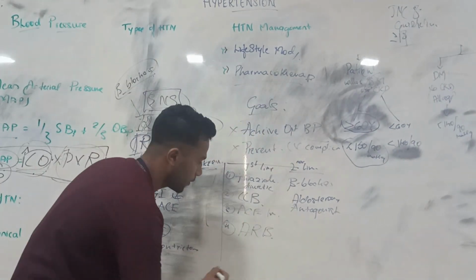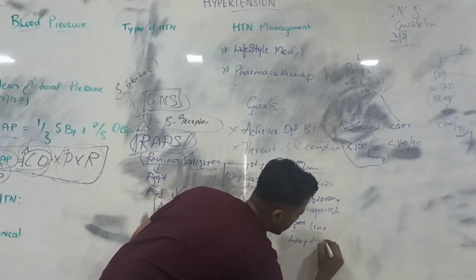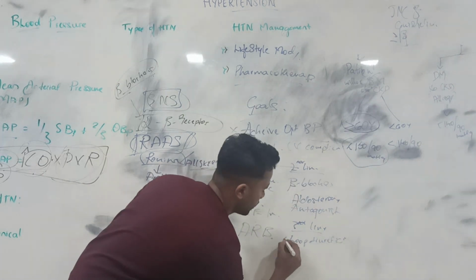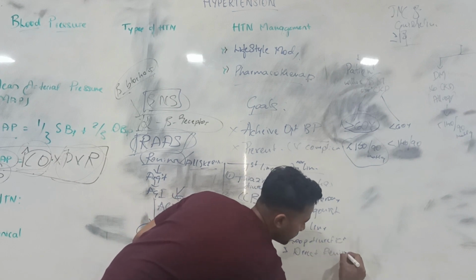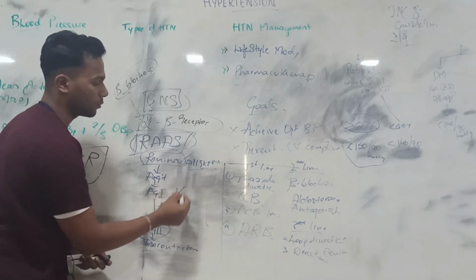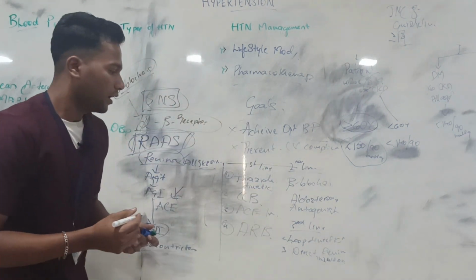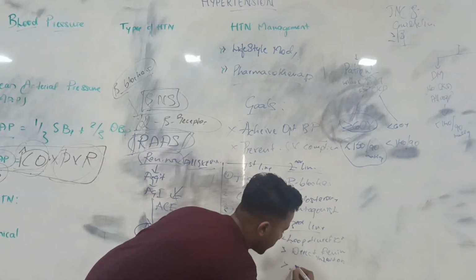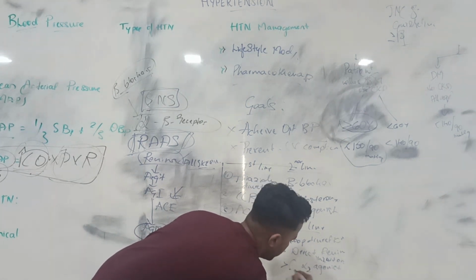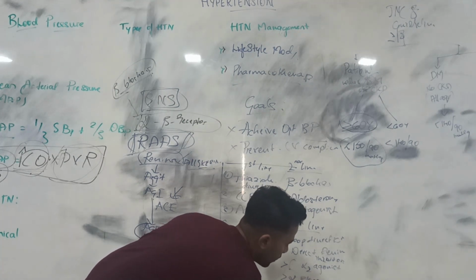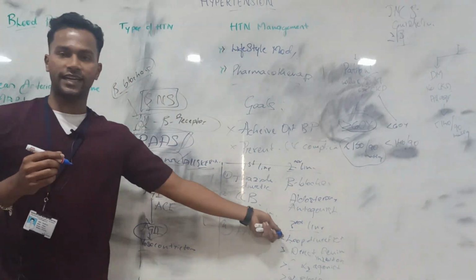The third line is loop diuretics, direct renin inhibitors, that is the drug which I talked about, aliskiren, and clonidine, the centrally acting alpha 2 agonist. Then alpha 1 blockers like prazosin, terazosin and all. These come in the third line agents.